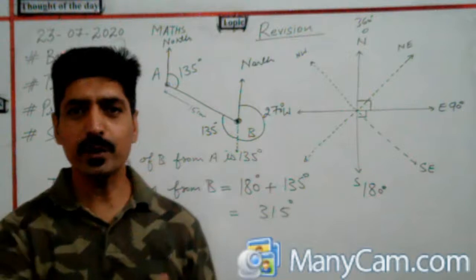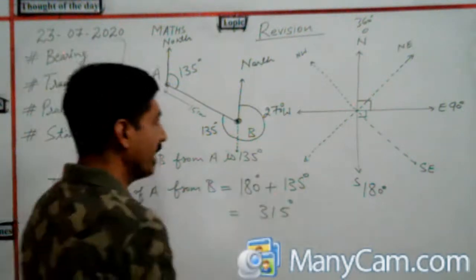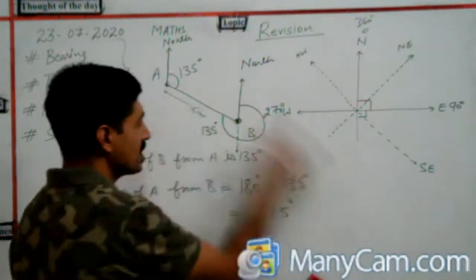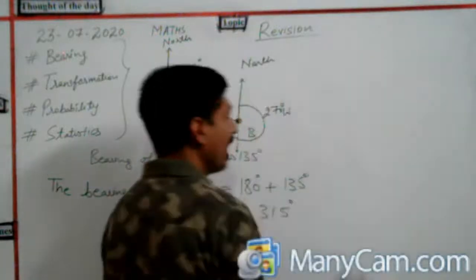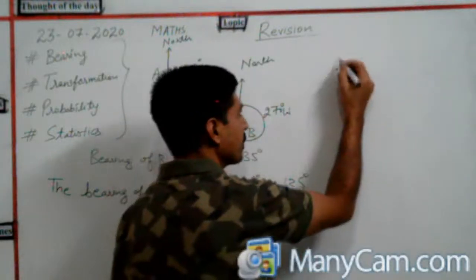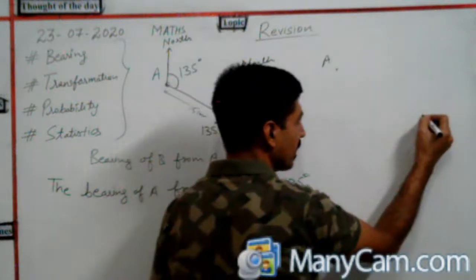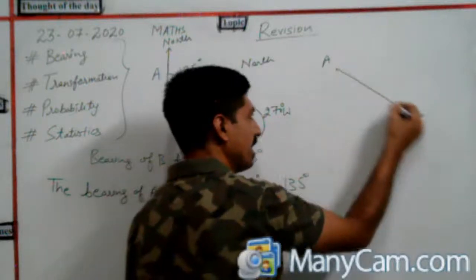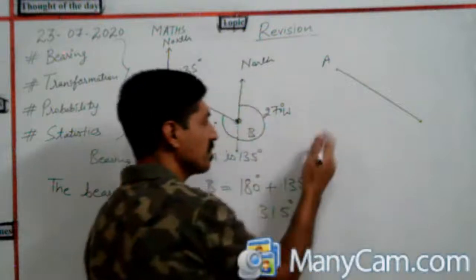So tomorrow you can revise both the sine rule and cosine rule, how to apply them, because most of the questions of bearing have one point A, and from A one point B, and the distance between A and B is given, and then there is one more point C here.